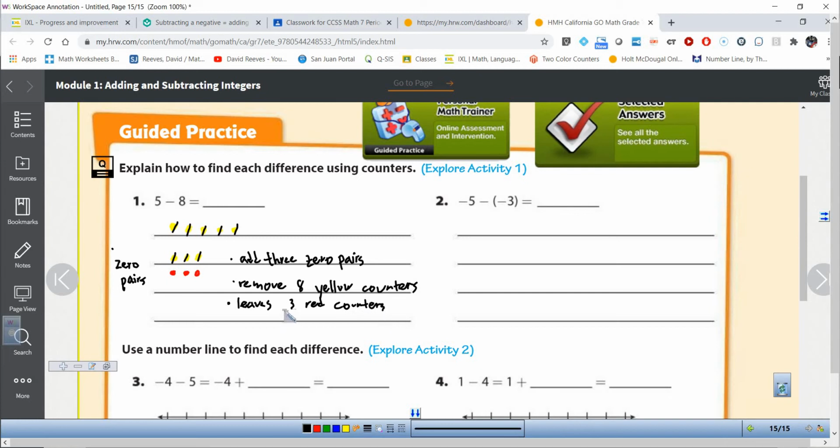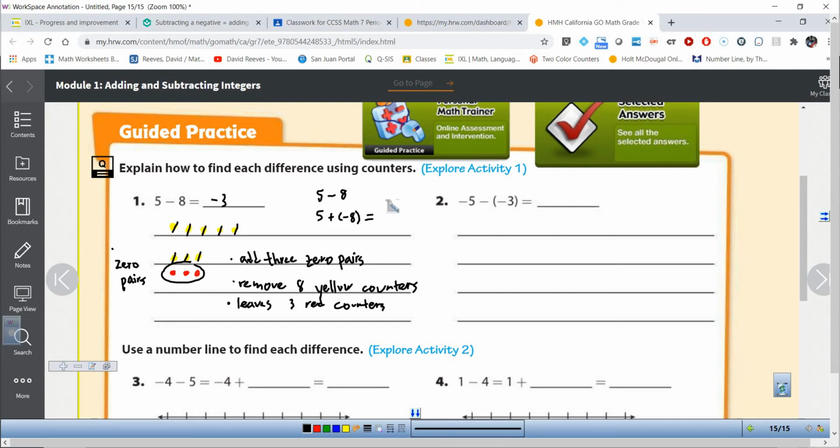And since I have 3 red counters left, that's my answer. So 5 minus 8 is -3. And we could check that answer because 5 minus 8 is equivalent to 5 plus -8. Subtracting a positive is the same as adding a negative.